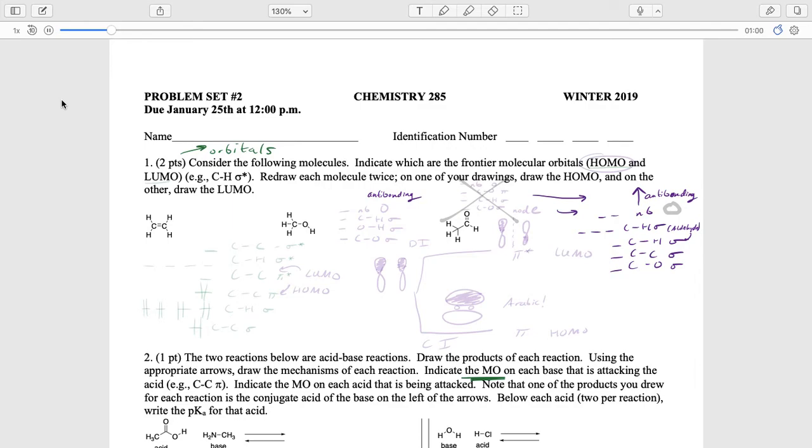Draw a circle around each cis, so that's cis and trans, which we haven't gotten into yet. Rank the following molecules in amount of unsaturation, so that's DBE again.